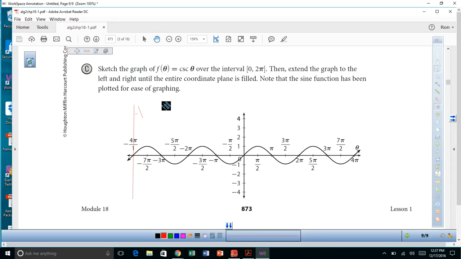Where it crosses the theta axis, I draw that, and that's off a little bit. I'll draw the asymptotes, and that's still off a little bit. And you'll see why in just a second. This makes it easier to graph.